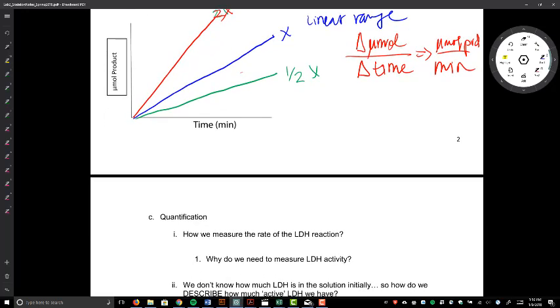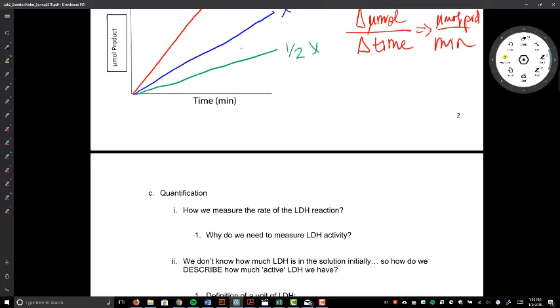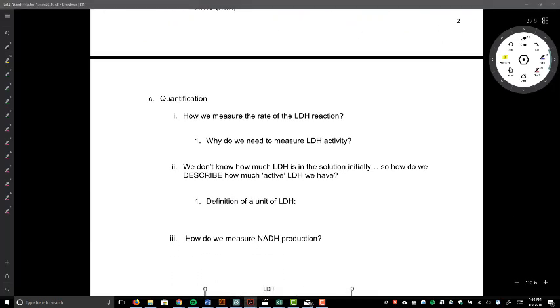And it's not like in the chemistry lab where you weigh out the amount of LDH and you know exactly how much is in there. You actually have no idea how much LDH is present in the sample. And so we can use the rate at which LDH catalyzes the reaction to actually quantify how much LDH is present. So first of all, how do we measure the rate of the LDH reaction?